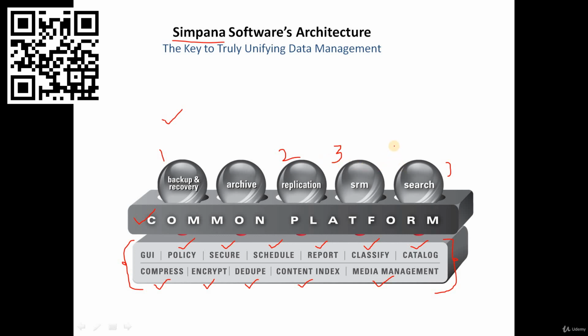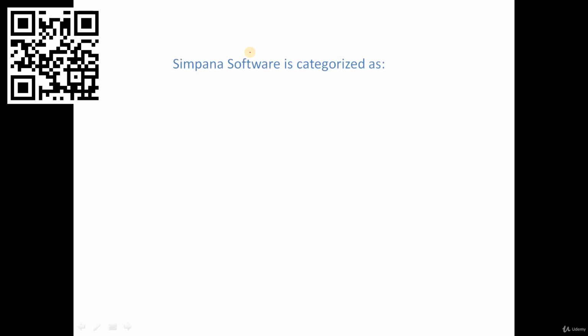If he wants to provide end users the searching capabilities so that they can search and restore their own data, that can also be done, right? So this is what the common platform features offer.